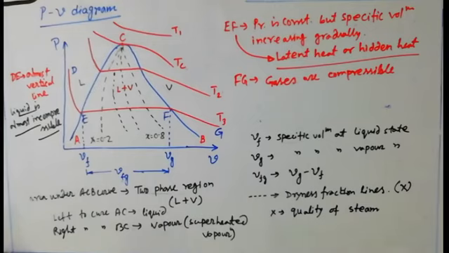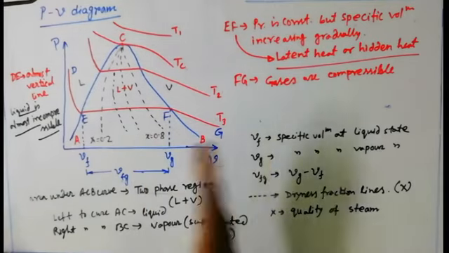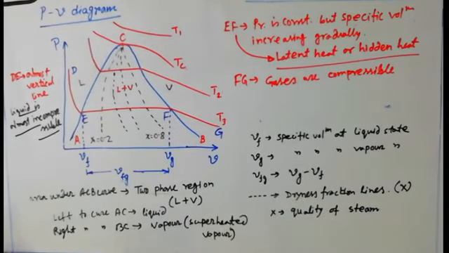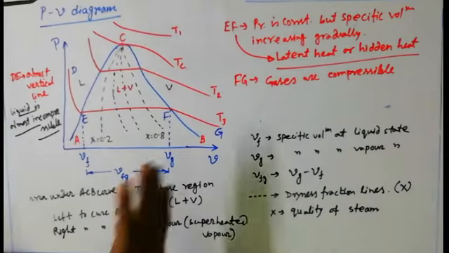Now from this graph, next we are going to show you how some formulae can be generated to find specific volume, enthalpy, entropy or internal energy for that particular pure substance, water.